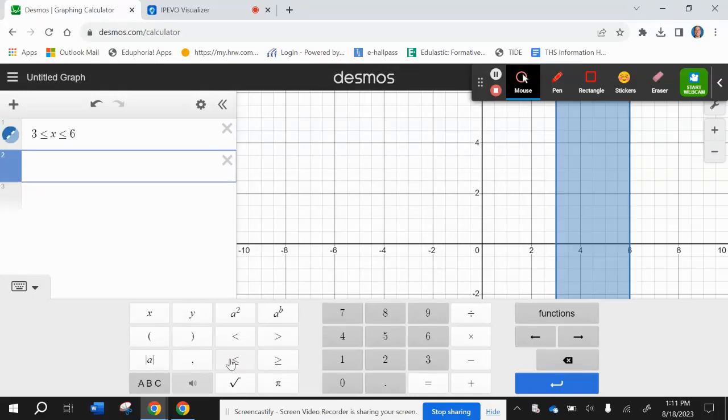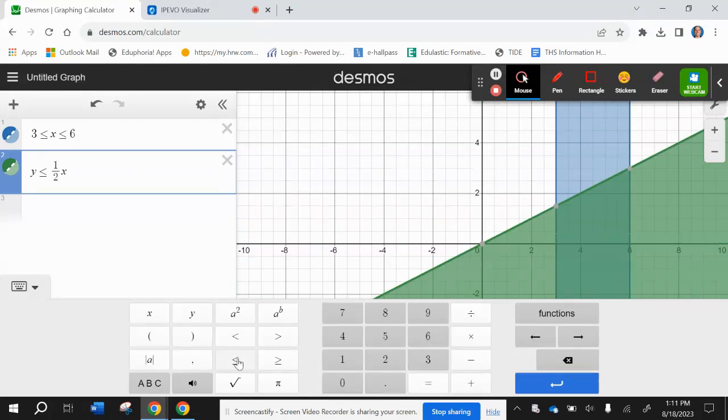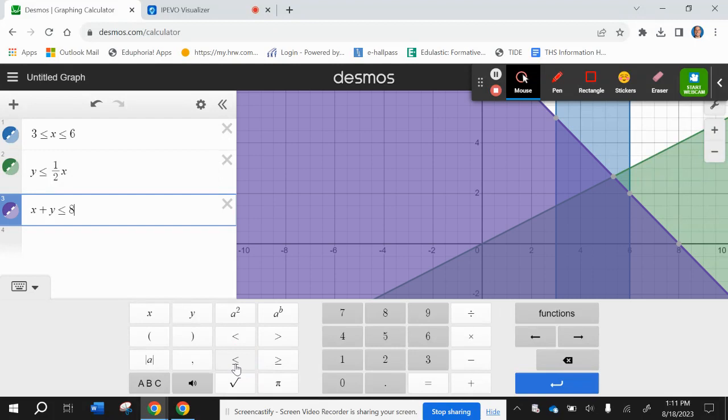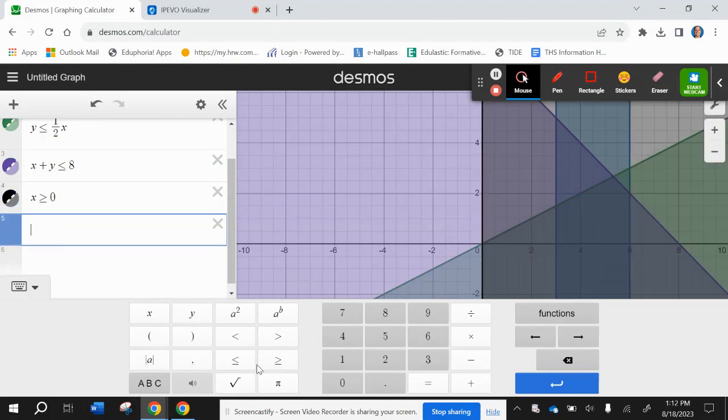The colors aren't going to be the same that I use, but it'll work. y is less than or equal to 1 divided by 2 x. Make sure the x is right here. Okay, and then x plus y is less than or equal to 8, and x is greater than or equal to 0, and y is greater than or equal to 0.